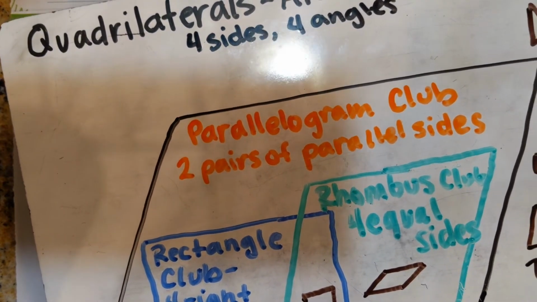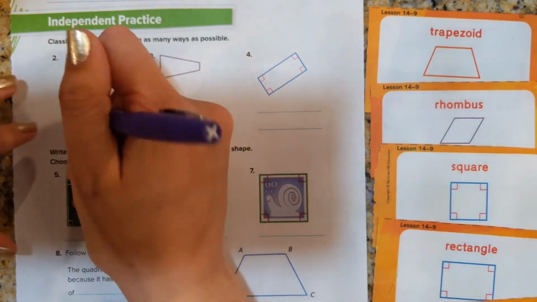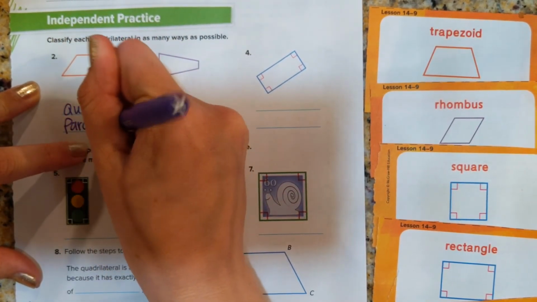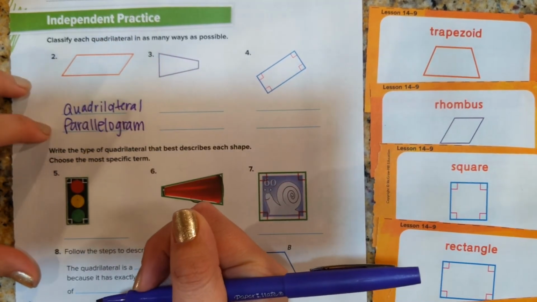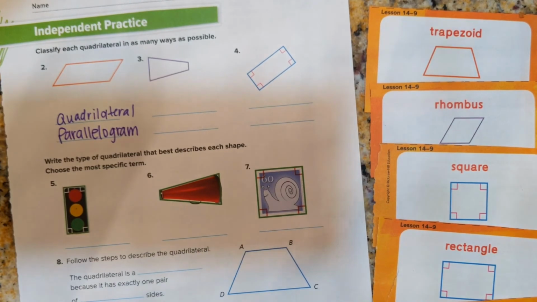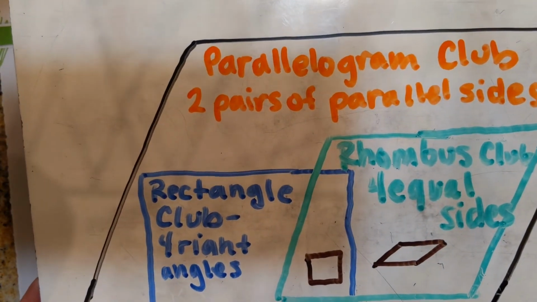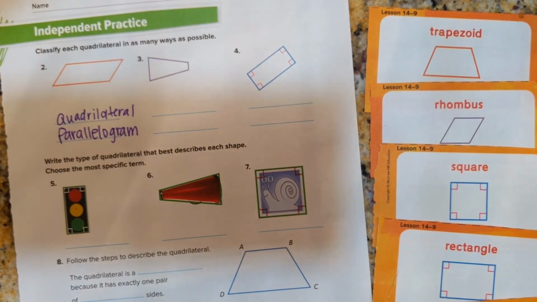Does it have 2 pairs of parallel sides? Absolutely. So it's a quadrilateral and a parallelogram. Can we go any further? Does it fit into a rectangle or rhombus? It doesn't. That's where it's done.